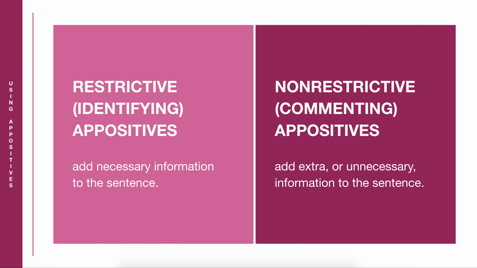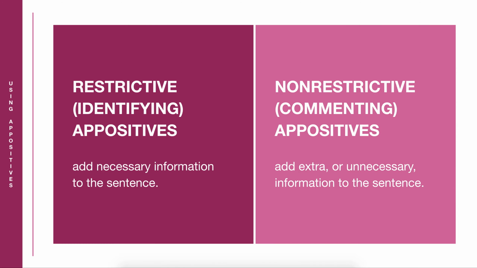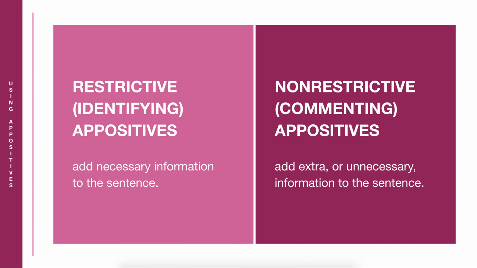So if we go back to identifying appositives or restrictive appositives, these appositives identify the subject for us. So we have to have them in order for the sentence to make sense. On the other hand, our non-restrictive appositives or our commenting appositives are appositives that just add an extra comment or an additional piece of information, and therefore they are not necessary for the sentence.